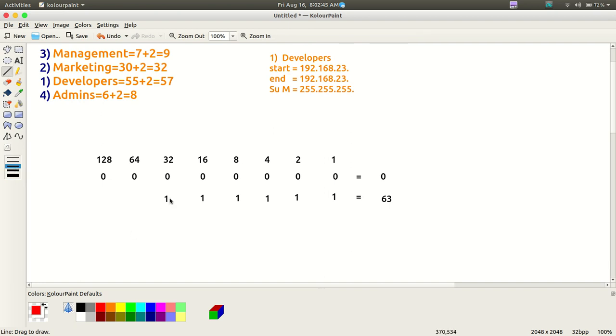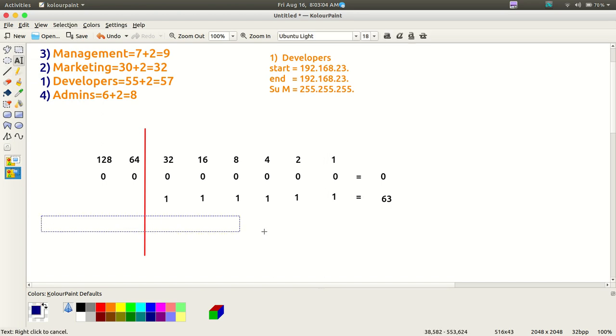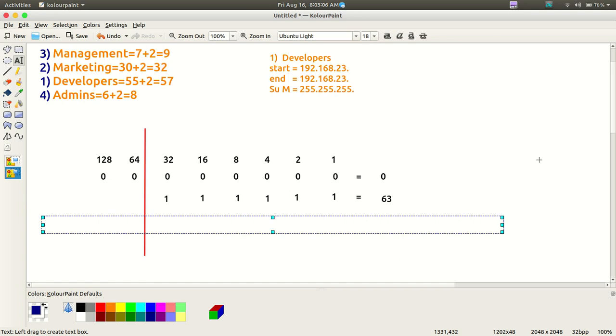So as soon as your requirement is achieved, whichever bit satisfies your requirement, just draw the line over here. So the line will represent your network portion. Okay, so on the left hand of this line will be your network. And to fix this line in this place, you need to calculate a subnet mask. Our subnet mask will be something like this.